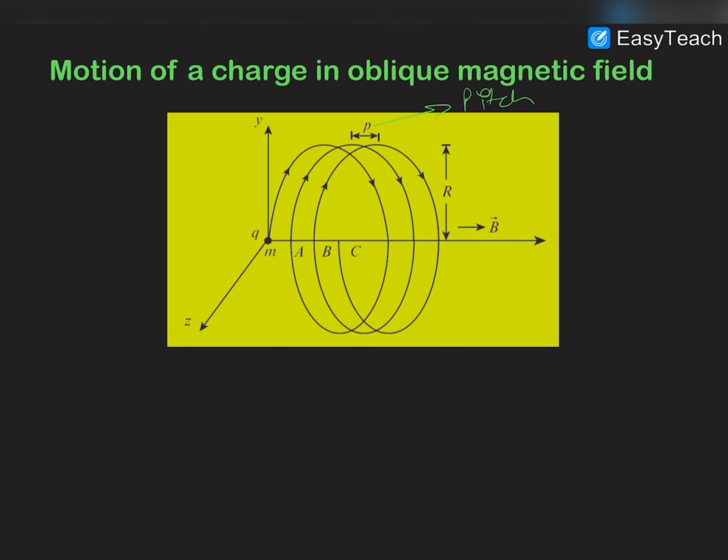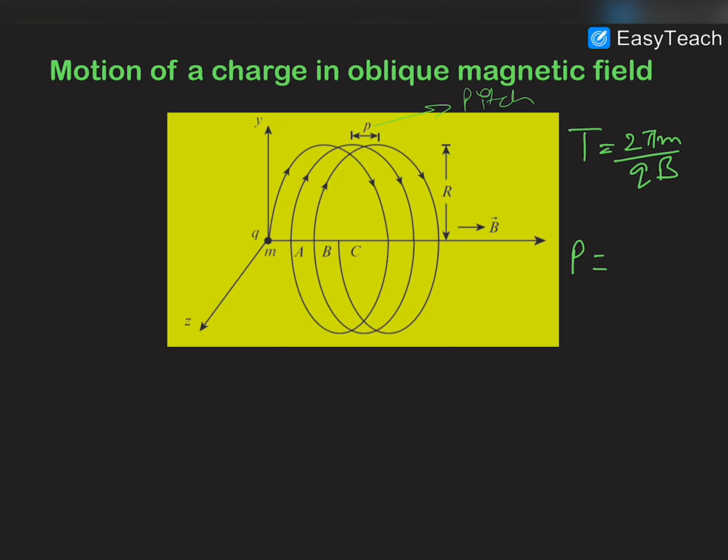So obviously we know that the time period of the motion T is 2 pi m by qB, and this time period of revolution is independent of the velocity, so it is just 2 pi m by qB. The pitch is the distance traveled by the particle in the direction of the magnetic field.